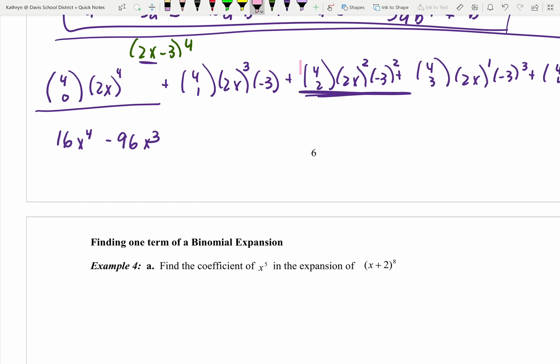I'm doing this pink one right here. You have to put parentheses around those things. Okay, so everybody go 4, PRB, right, enter, 2, enter, times parenthesis, 2, close it, x squared, parenthesis, -3, close it, x squared, hit enter, and I get a positive 216, and that's going to be x to the 2nd.